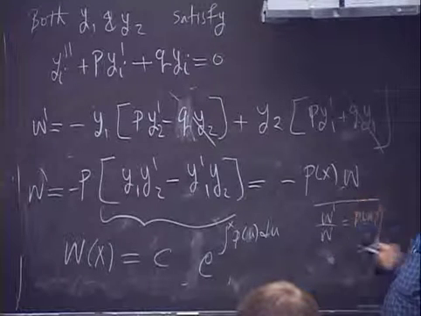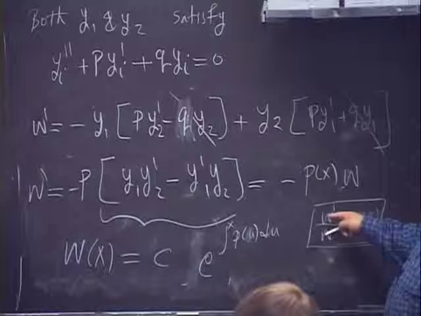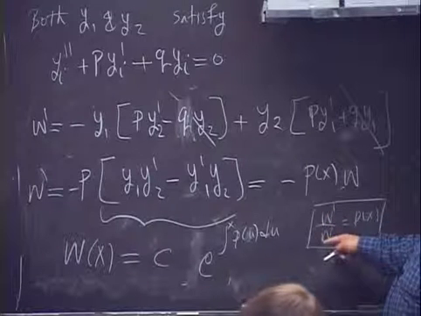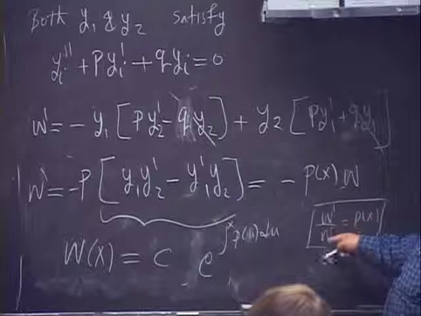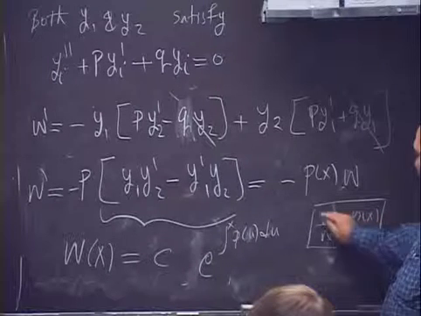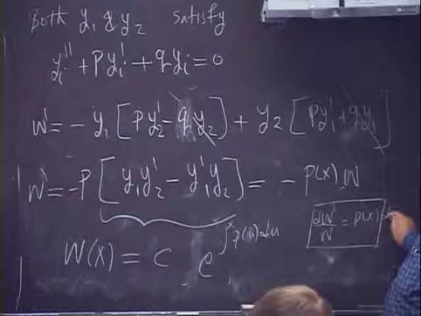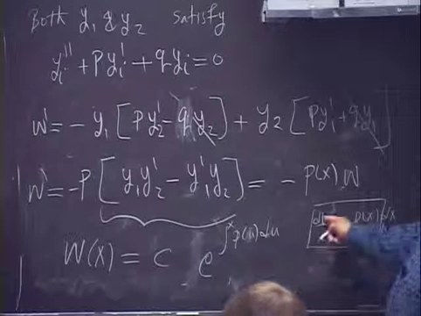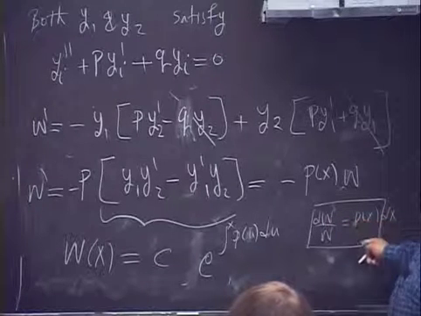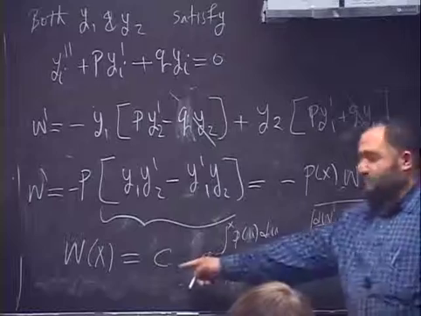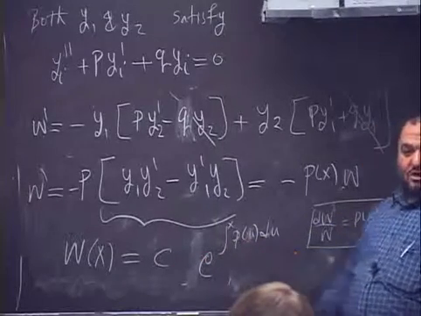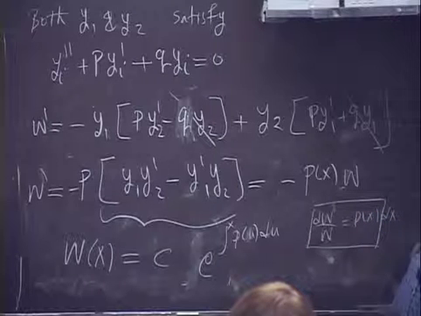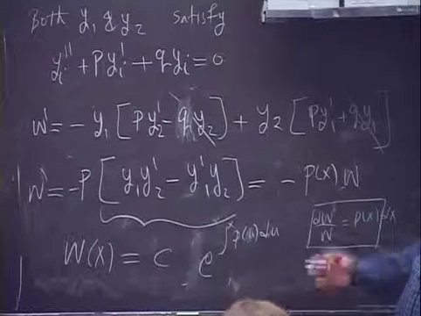This is the solution of this equation. d omega by dx over omega equal to b of x, so d omega over omega equal to b of x dx. This is ln omega, and this is the integral of b of x dx. Then you will solve and get c multiplied by e to the power of the integral of p of u du, and the limits of integration will be up to x.